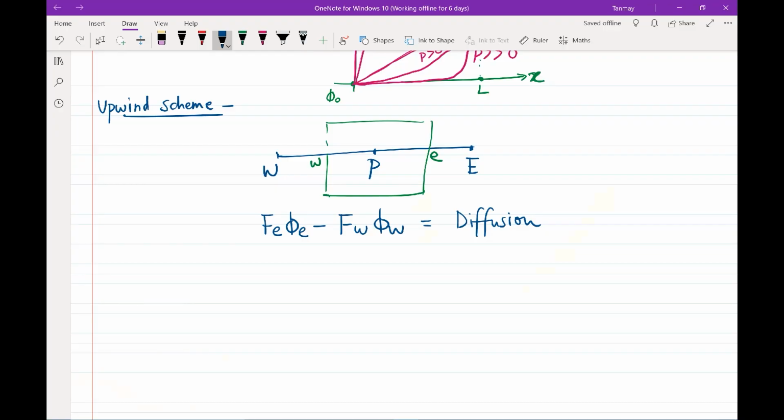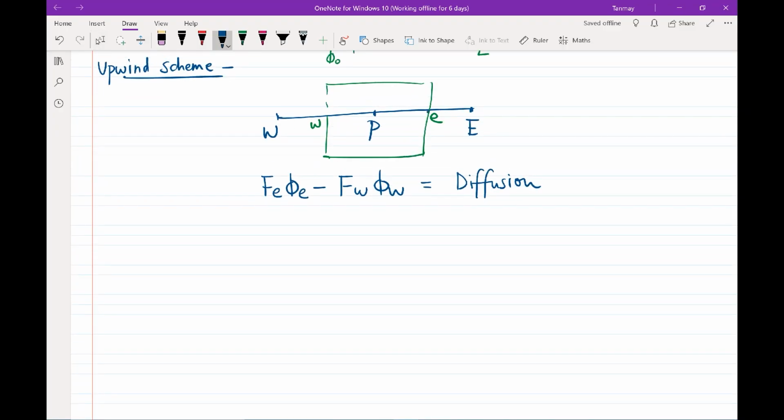So that means that phi at small e is equal to phi at capital P. So if I want to find out phi at small e, we say that it's equal to phi at capital P if u is greater than 0, or if u is less than 0, it means the flow is going this way, then the upstream point would become phi at capital E. So whatever the control volume face value is, it's the same as the variable at the upstream point.